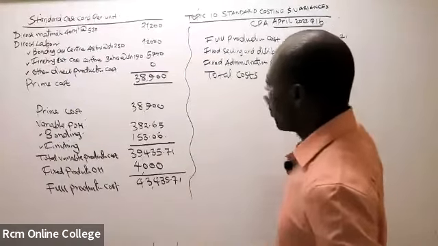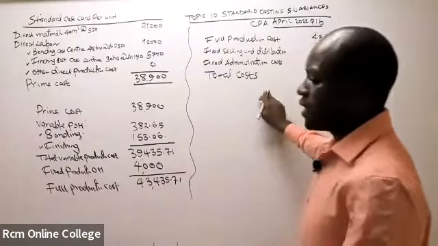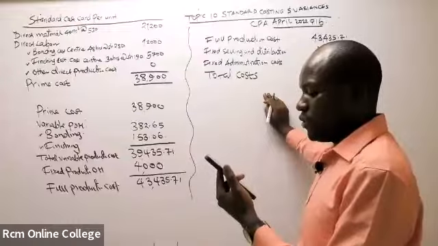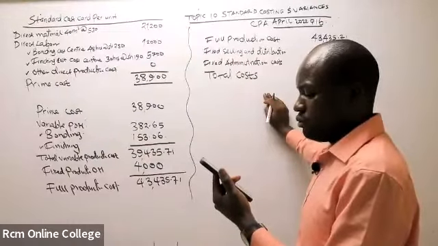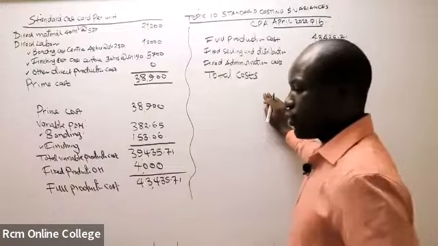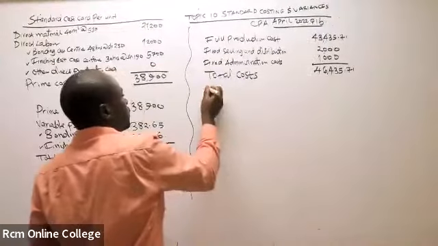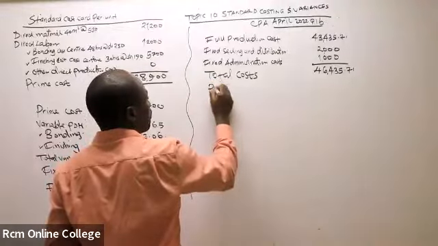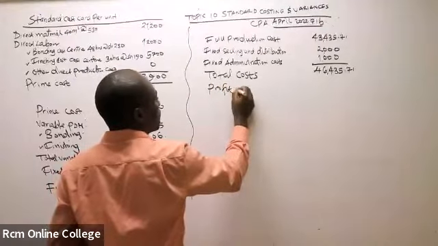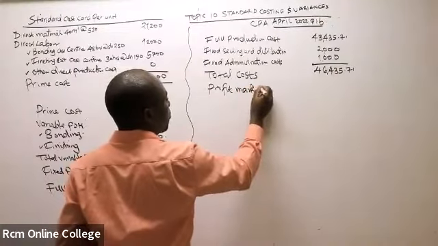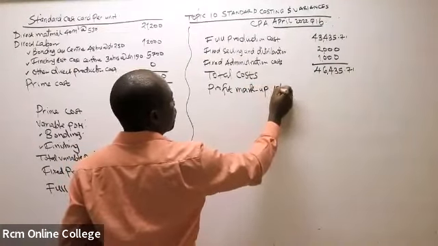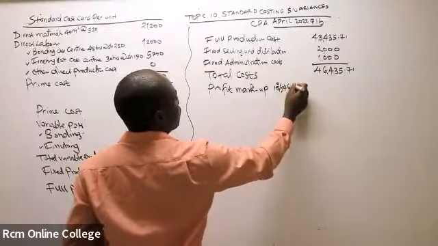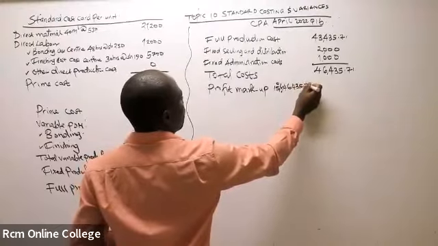Now, to this total cost, what are they telling us? They want us to get the selling price per unit, with a notional profit of 15% on cost. So that is markup. Profit markup ni ngapi? 15% of how much? Of 46,435.71.